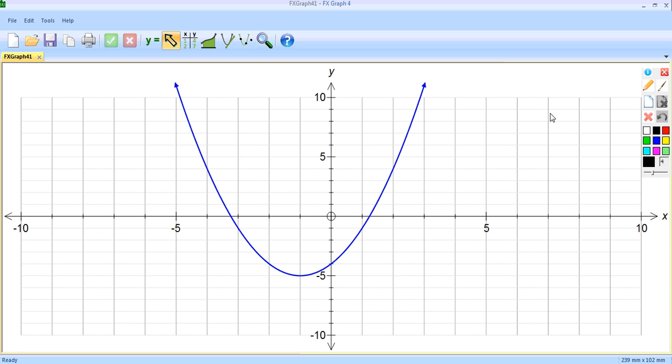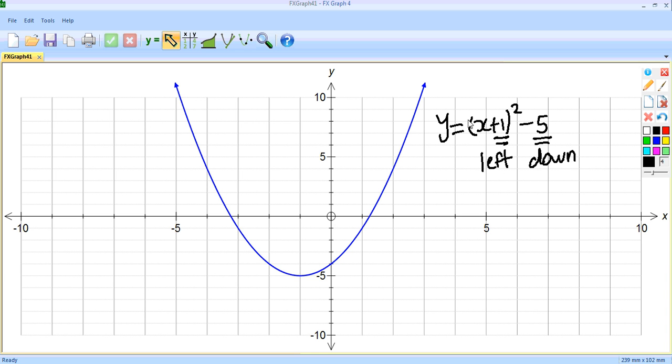So this here is y equals bracket x plus 1, because we still moved it to the left 1, squared, minus 5. So that bit there moved it down, and that one there moved it to the left. So we've moved it up and down, and we've moved it left and right.